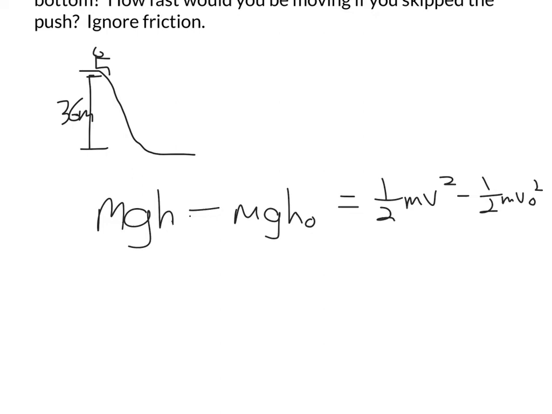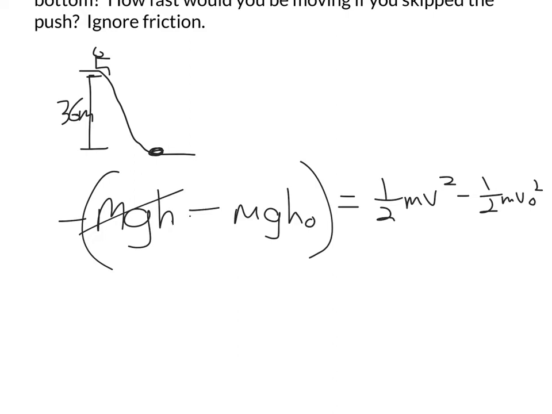But again, it's how much height energy we lose, how much potential energy we lose, that turns into kinetic energy gained. And some things will help, right? When you're at the bottom of the slide, the final height is 0. So that part goes away. When they're starting, well, the first question was, what if you started at 2 meters per second?